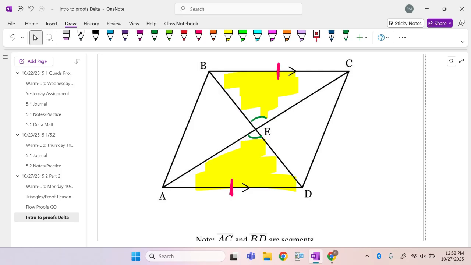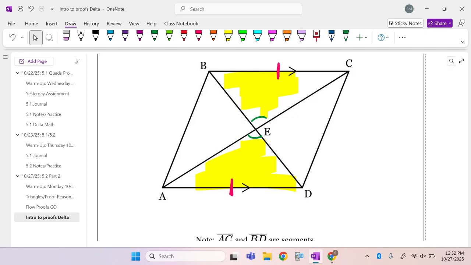So guys, when in doubt, the first thing you do is just start by stating what you absolutely know. If you recognize you got some vertical angles, those are automatically congruent. If you recognize that you have parallel lines, you're probably dealing with some alternate interior or same side interior. Alternate interior specifically if you're dealing with congruence. Reflexive properties, you want to label those too, even though there's not any here.